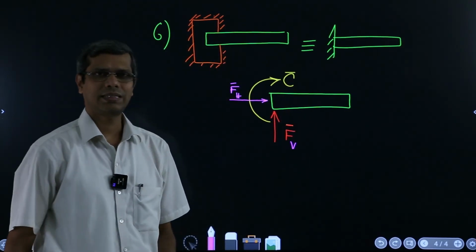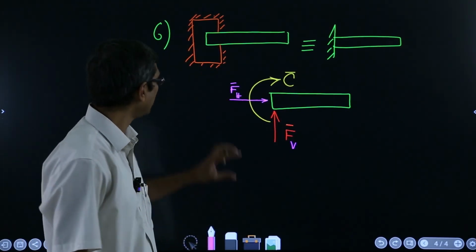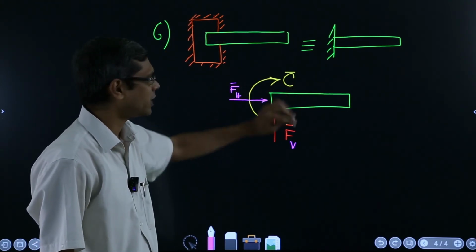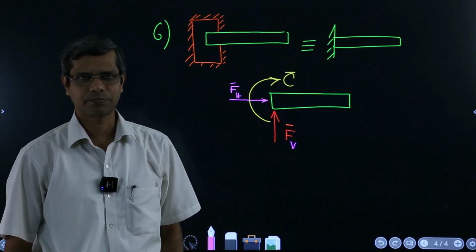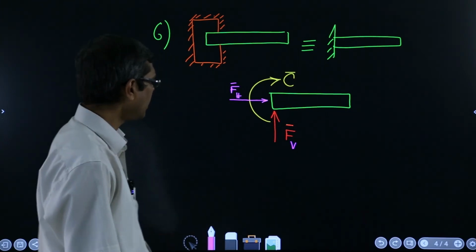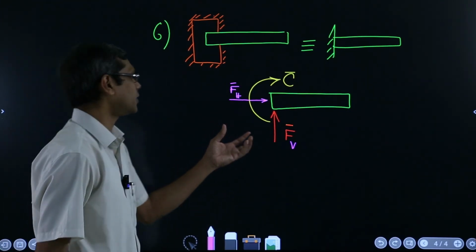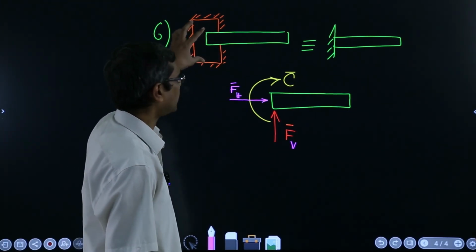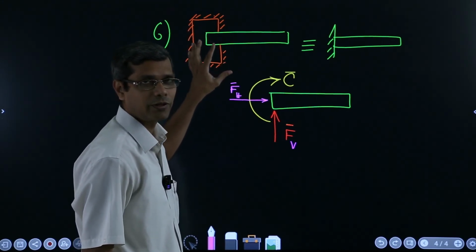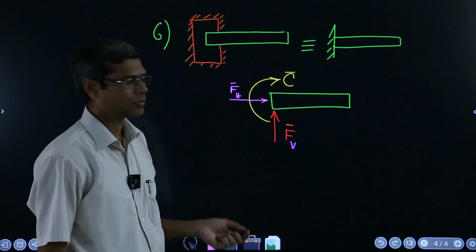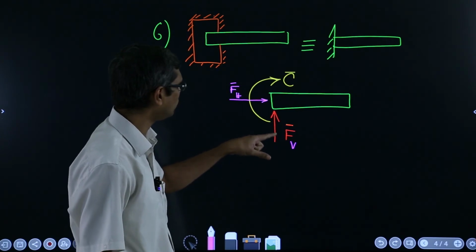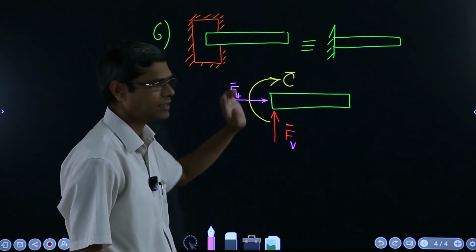These are the three things you should replace this full thing with when you draw the free body diagram. This is one of the very important connectors, the ends, which you will encounter in many problems. So please do not forget to include both FV and FH and C.